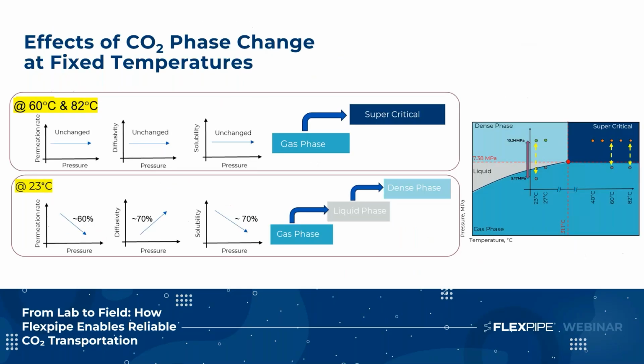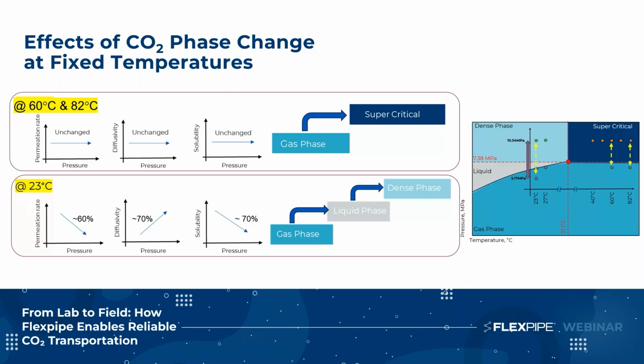This slide just summarizes the effect of CO₂ phase change at fixed temperatures. The top row shows when we have a phase change at a constant temperature of 60 C and 82 C. And the bottom row is for 23 degrees C. Under constant temperature condition, pressure fluctuations that result in a phase change between the gas and supercritical phase do not affect the permeation rates.